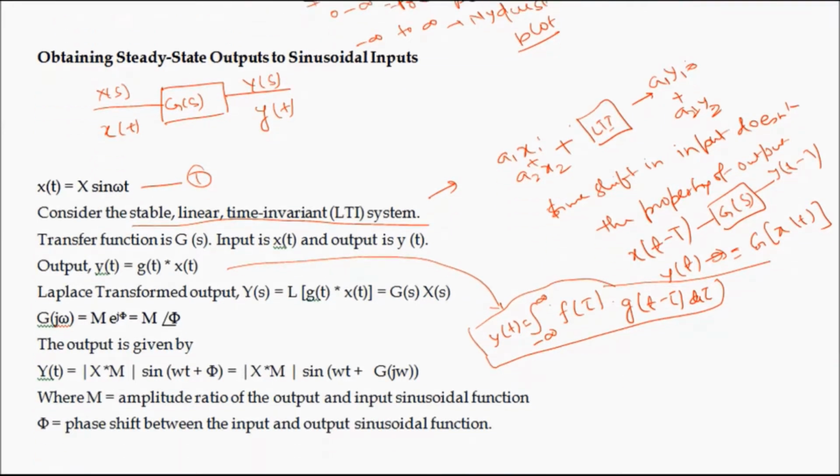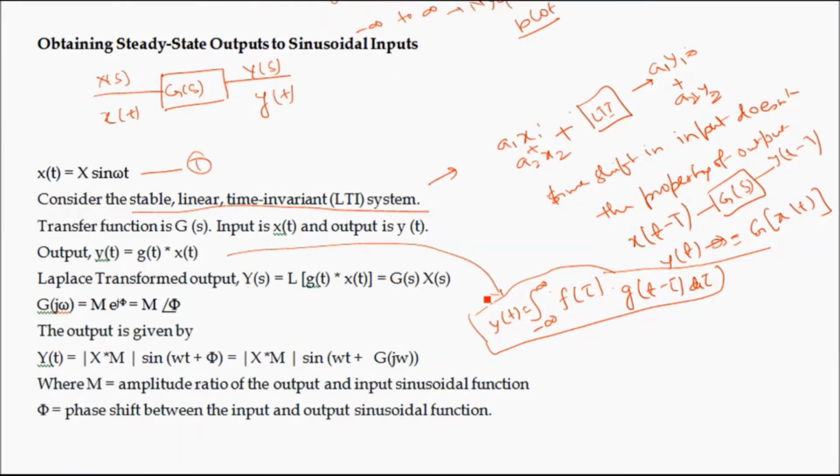We may write it in another way also. y(t) is equal to the integral from minus infinity to infinity of g(tau) f(t minus tau) d tau, where tau is a dummy variable. Okay, we are taking it as a variable. So if we obtain output in the time domain, we get a convolution of g(t) and f(t).